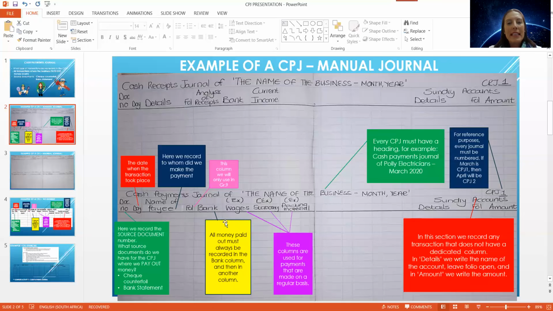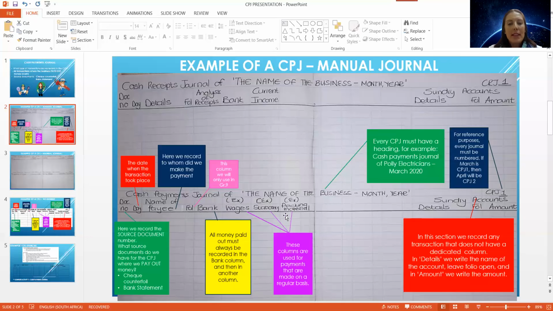Okay, and once again, remember our double entry principle. For every debit, there's a credit. The same applies for the CPJ as we explained in the CRJ. So the amount that you are paying is recorded in the bank column, and then in one of the other columns, depending on what you have bought or paid. Okay, so the first column always and forever in your CPJ is your bank column.